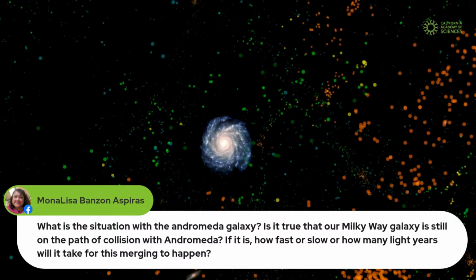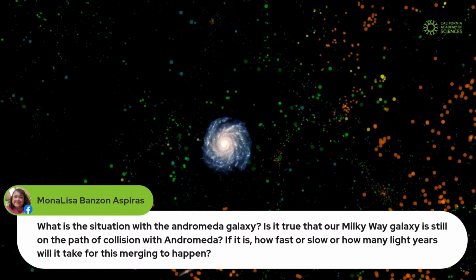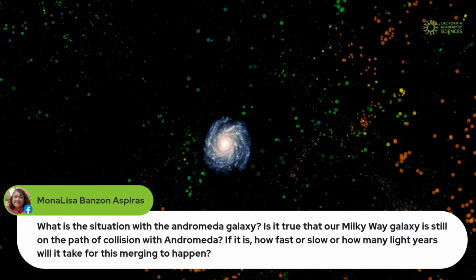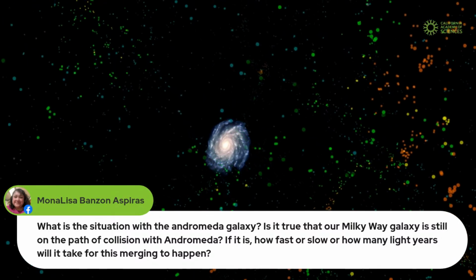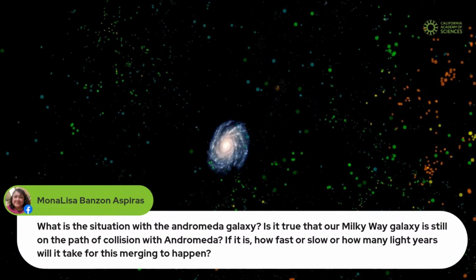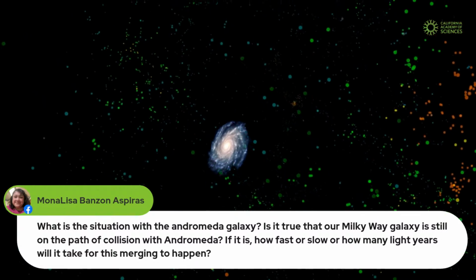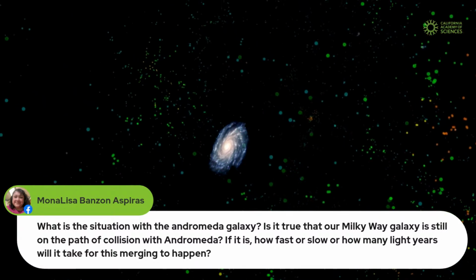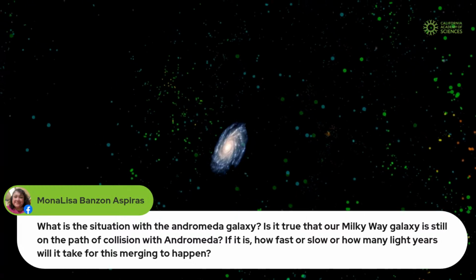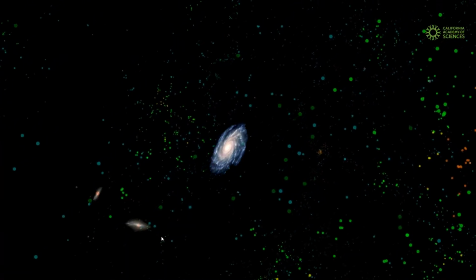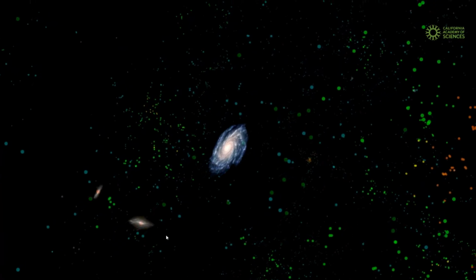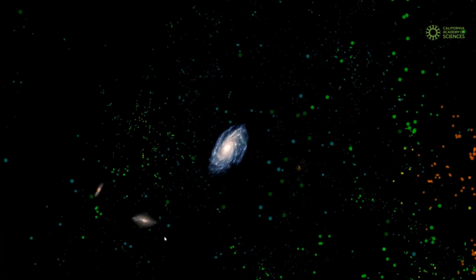Eventually, depending on which calculations you believe, the Milky Way and Andromeda will collide in something like 3 billion years, or it might be 5 billion, but in several billion years. The Andromeda galaxy, which I've now found, is this galaxy over here on the lower left. Oh no, that's not it. Sorry, I'm distracted and talking too much to myself here.